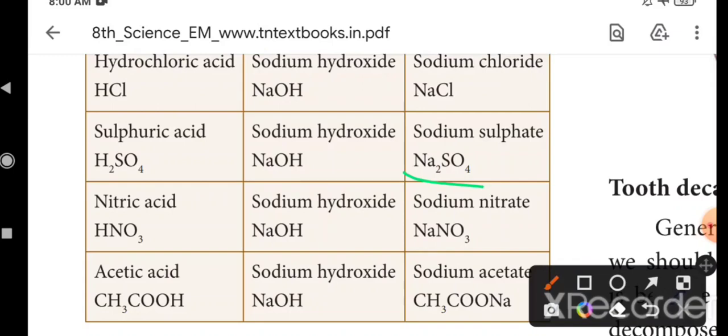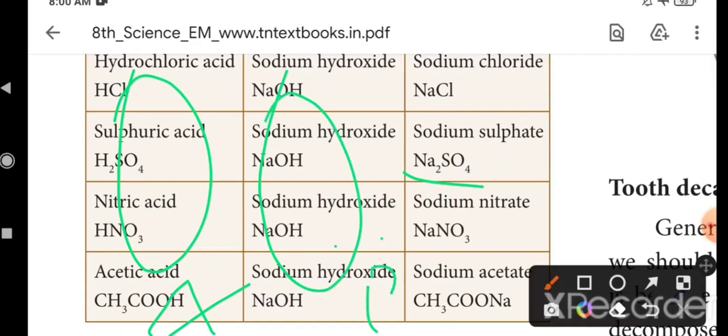Next, acetic acid, CH3COOH, then sodium hydroxide, NaOH, gives sodium acetate, CH3COONa. Okay, this is the acid, this is the base, and it gives us salt plus water. Water is not given, because we already know the water is released.